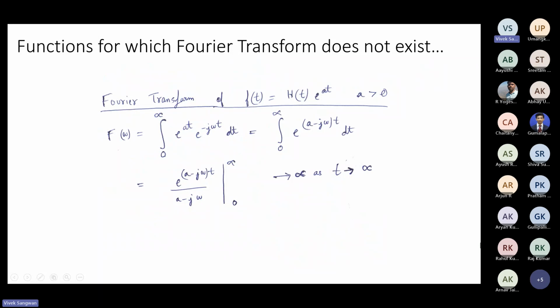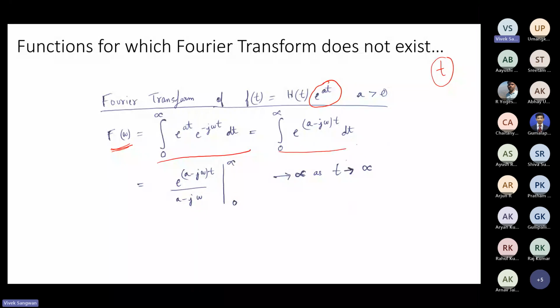Another function: it did not exist for a slowly increasing linear function t, so there is no way it can exist for an exponentially increasing function, e raised to power at. An exponentially increasing function, when integrated over an infinite time period, will definitely explode. You can check that by again writing down the formula for the Fourier transform using the expression e raised to power at times e raised to power minus j omega t.